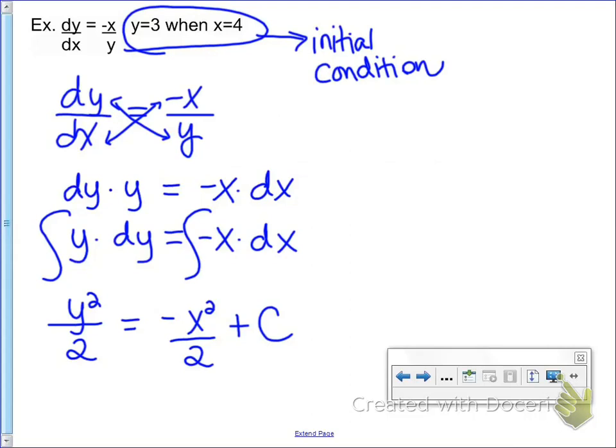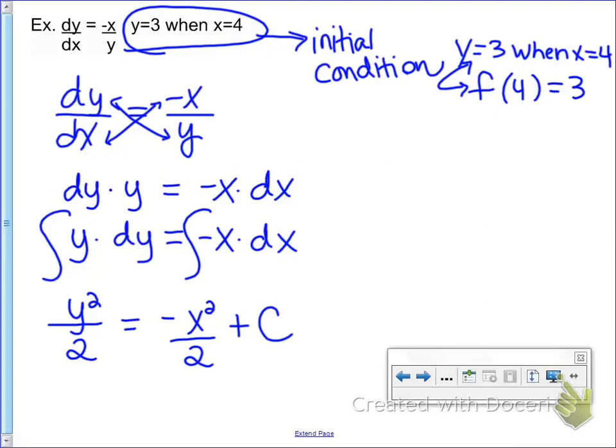It's either written as, like I have up here, y equals 3 when x equals 4, or it's written like this, f of 4 equals 3. So this and this are the same thing in notation on a calculus question.